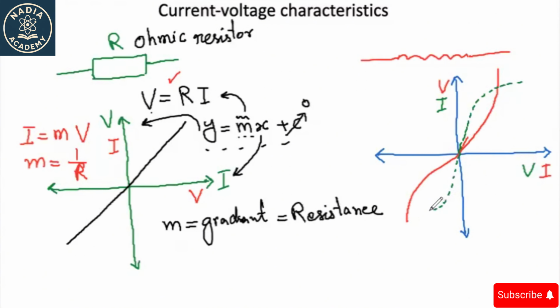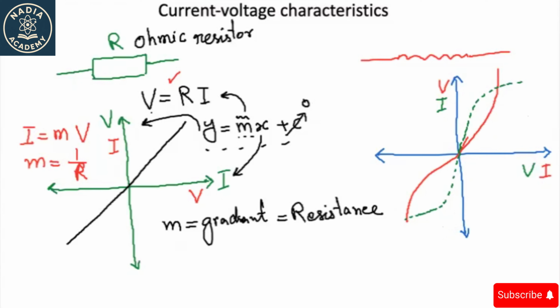Both graphs are the same, we just flipped the axes. So you can say that red and white are inverse to each other. Now let's try to understand what is happening. We can consider this red curve.